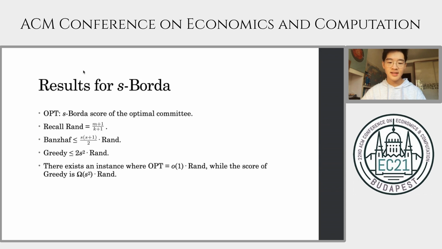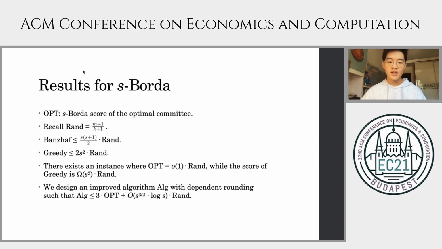Moreover, there exists an instance where the performance of greedy is far worse than OPT. However, different from before, there is no fundamental barrier for us to improve this performance. So we designed an improved algorithm with dependent rounding such that the performance is far better than greedy when OPT is small.